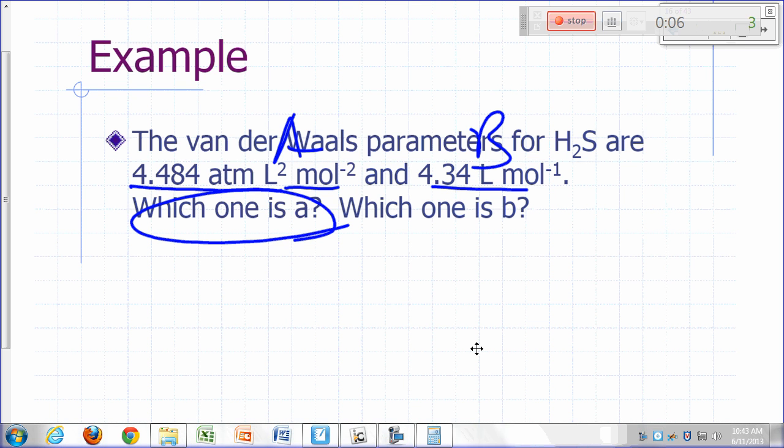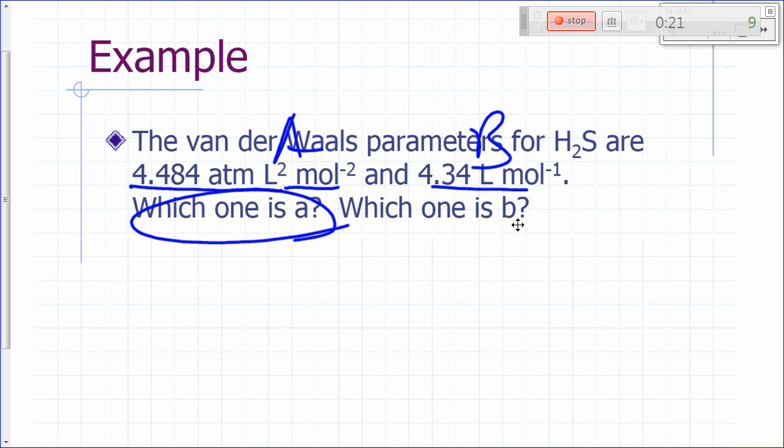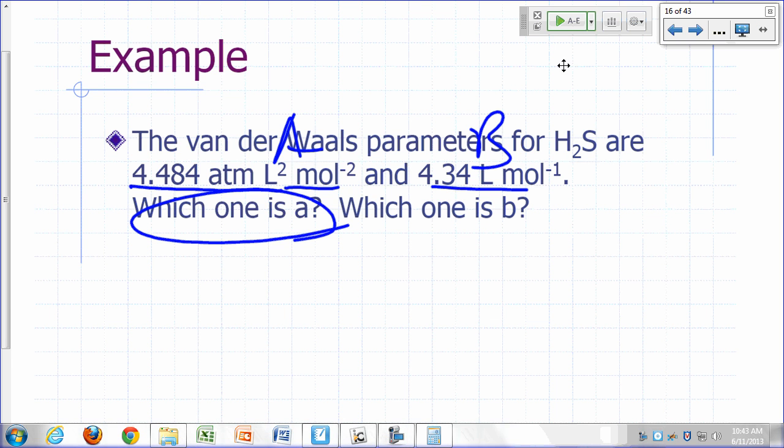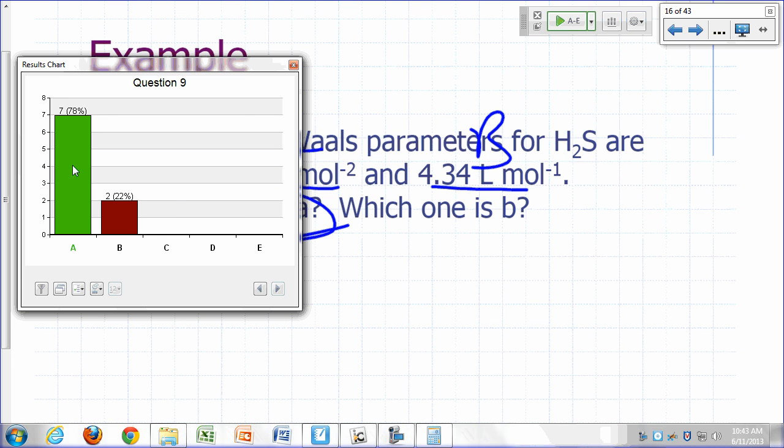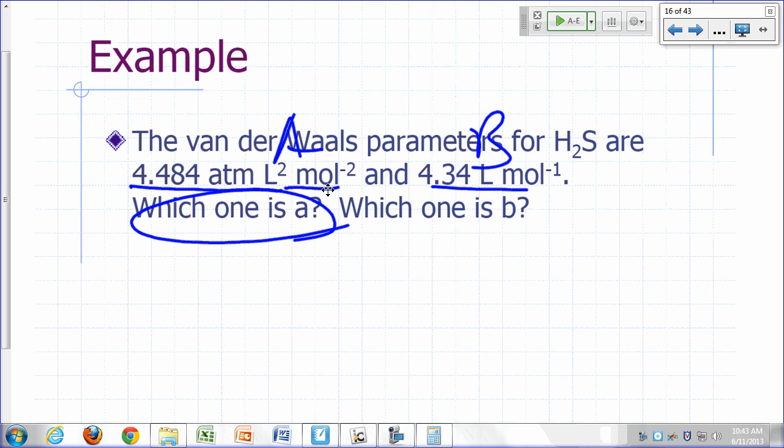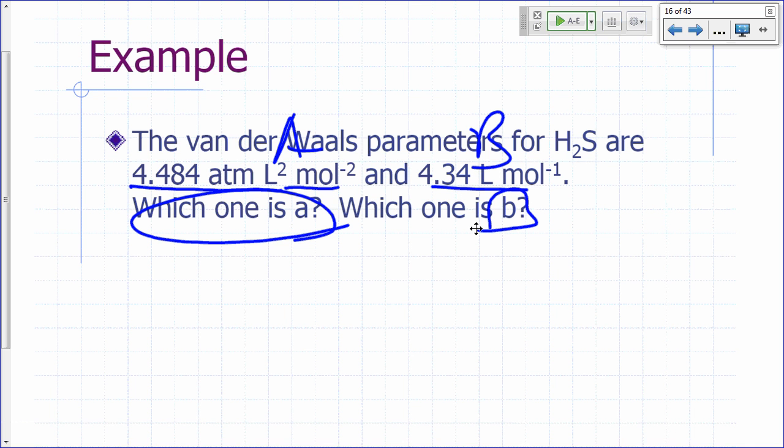What should the unit be for A and what should the unit be for B? Correct answer. A should be atmosphere liters squared per mole squared. And B, remember, we say is excluded volume, so it has units of liters per mole. Okay.